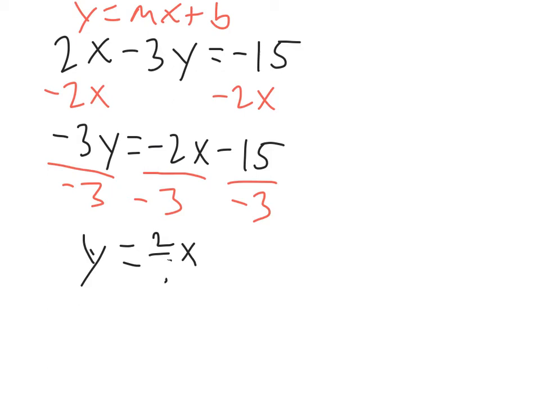Make that a little neater. 2/3 x. Then over here, again, that minus still works as a negative, so negative divided by a negative is a positive. And 15 divided by 3 is 5. So we've got y equals 2/3 x plus 5.